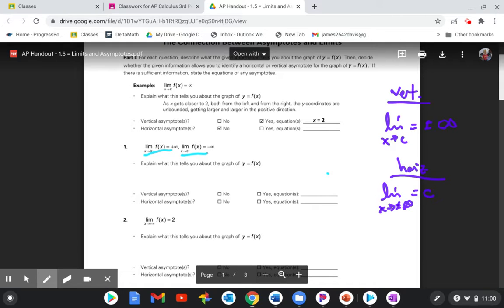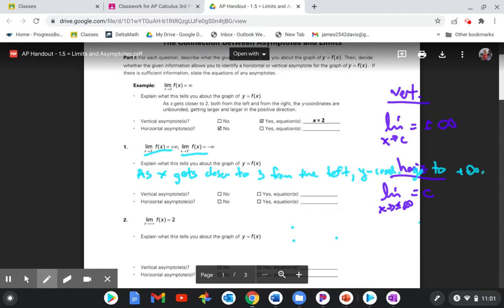So what's happening here is we can say as x gets closer to 3 from the left, first of all, y coordinates go to positive infinity. So you could just use the same structure with all of the problems if you want to.